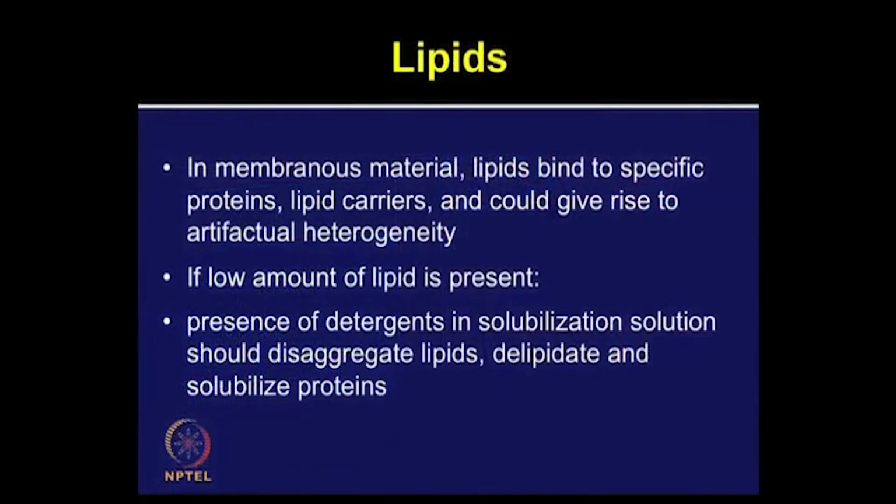In membranous material, the lipids bind to specific proteins such as lipid carriers, and it could give rise to artifactual heterogeneity. If a very low amount of lipid is present in your protein sample, the presence of detergents in the solubilization solution should disaggregate the lipids, delipidate and solubilize the proteins.